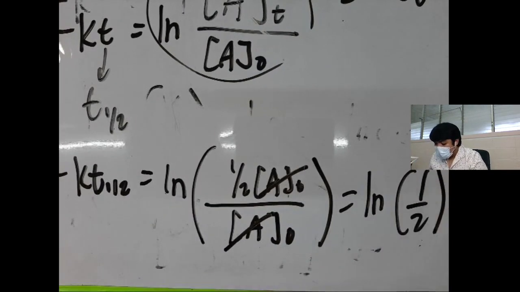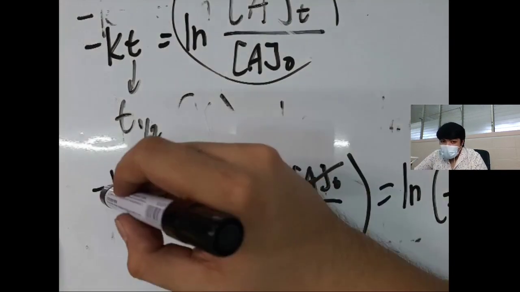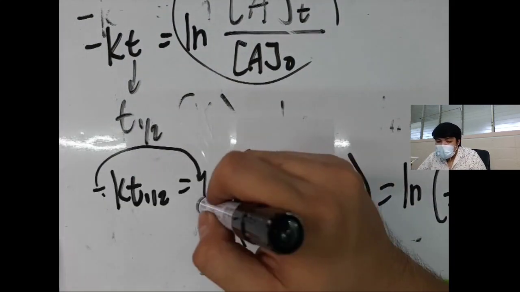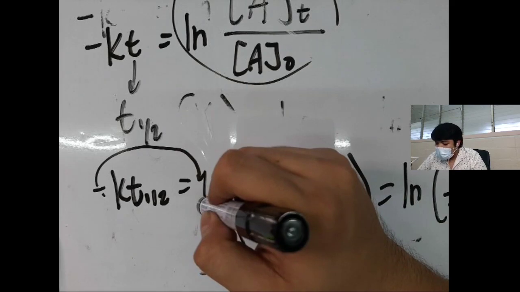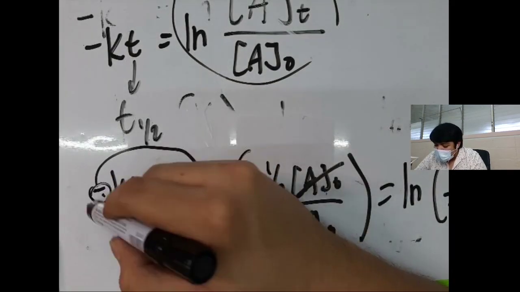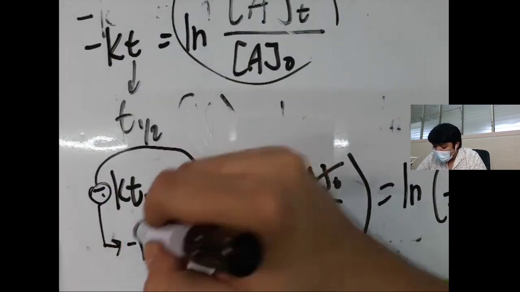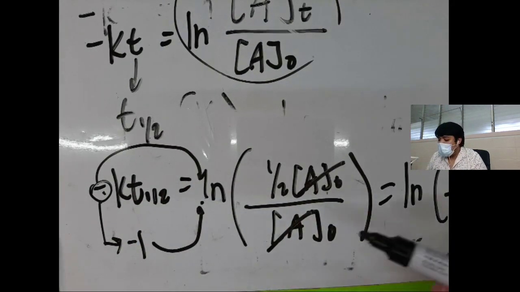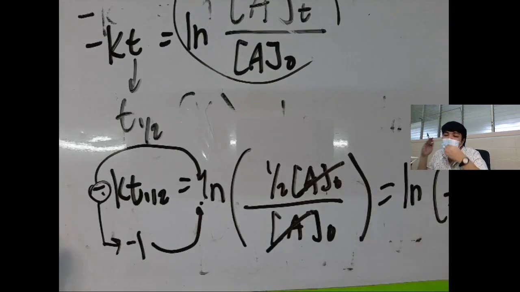Then we transpose the negative sign here. Since this is a multiplication, when you transfer the negative sign it is equivalent to dividing by -1, and any number divided by -1 becomes the negative of its original value, right?